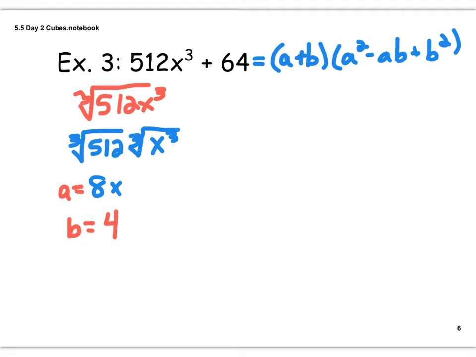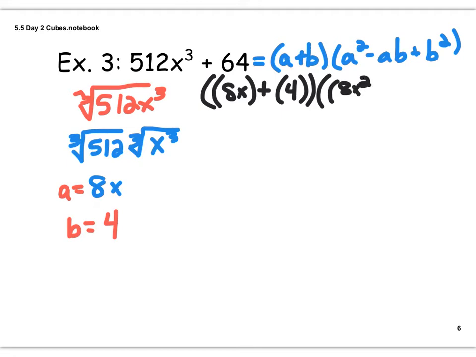Okay, so I've got, let's change to black here, 8x plus b, which is 4. And you might notice why I put these inside of parentheses in just a minute. Now, a squared is (8x) squared, with parentheses like that, minus a, which is 8x, multiplied by b, which is 4, plus, I still didn't have enough space, b squared, so 4 squared.